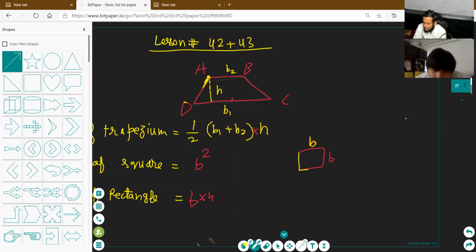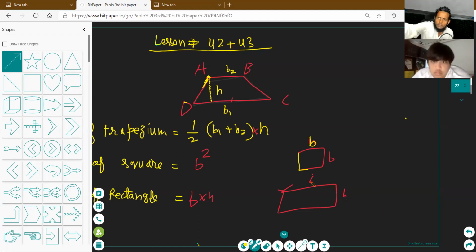Make a rectangle. Okay. Give its name, width or breadth.